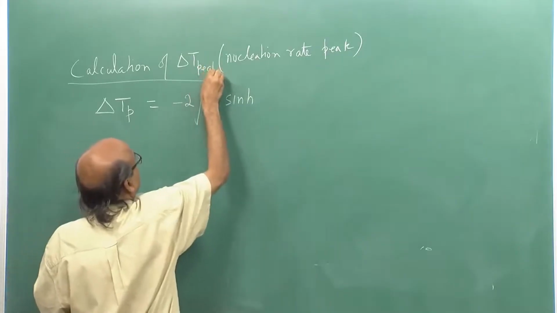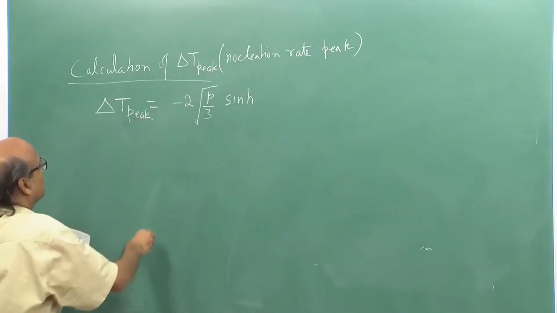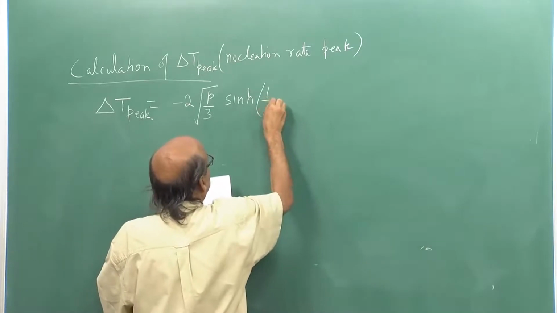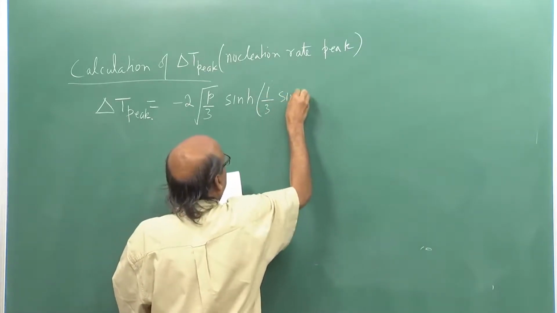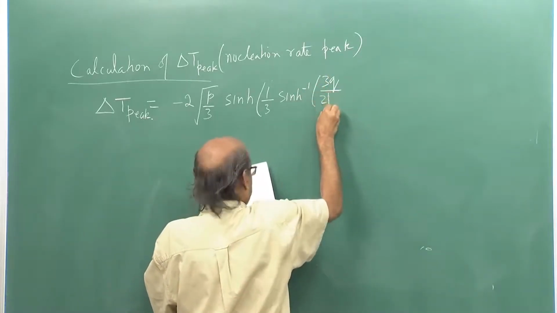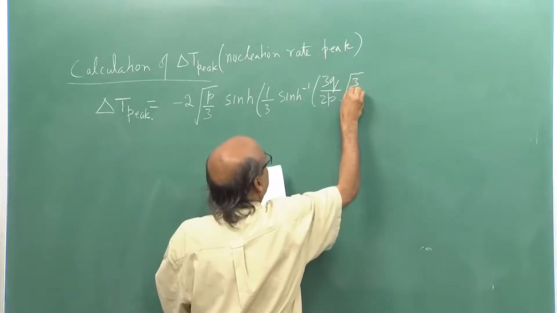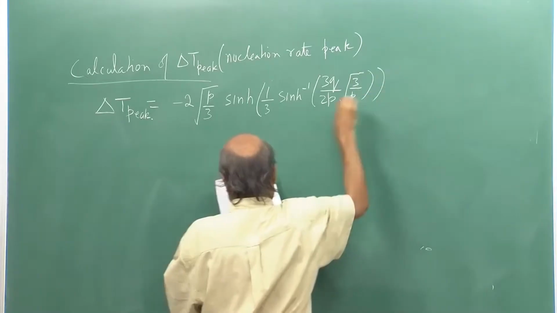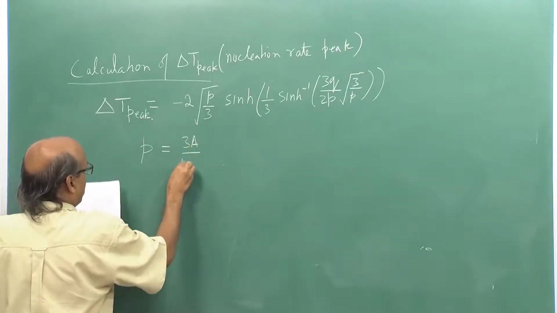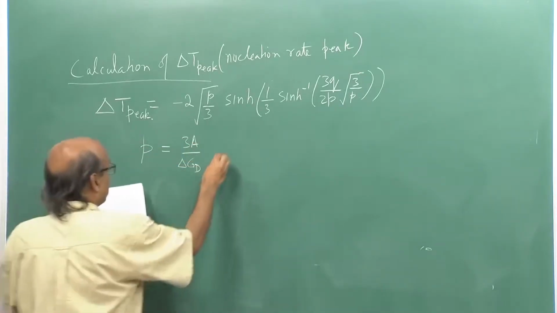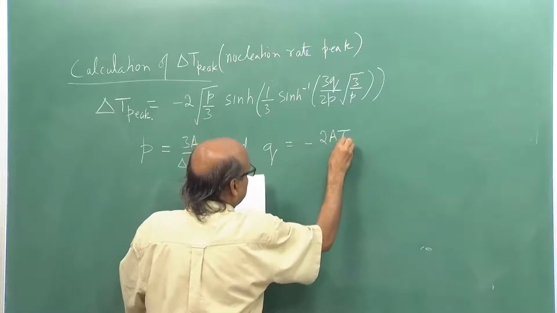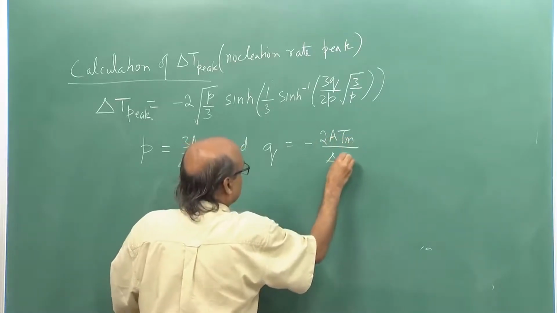Let me write this as peak so that one does not confuse this P with this P. So, 2 square root P by 3 sinh of 1 by 3 sinh inverse of 3q upon 2p square root 3 upon p, where p is 3a upon delta GD and q is minus 2a Tm upon delta GD.